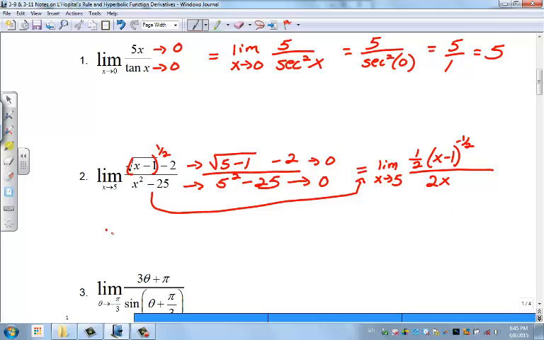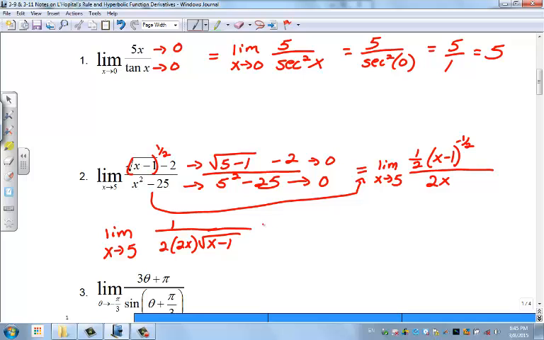Before I solve the limit, I'm going to clean it up a little. So this 2 and the x minus 1 to the negative 1/2, I'm going to put in the bottom. So limit x approaches 5 of 1 is the only thing left in the top. The 2 can go in the bottom, so you have 2 times 2x times radical x minus 1. All of that is in the bottom.